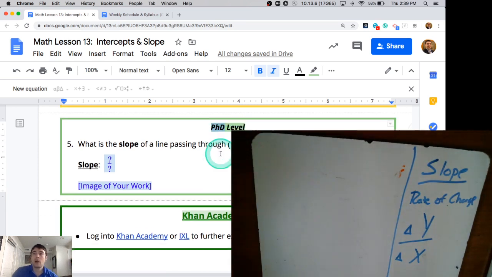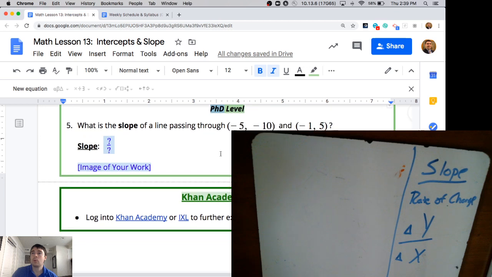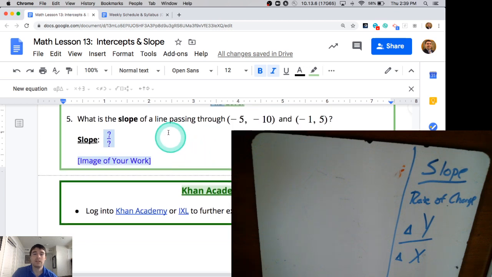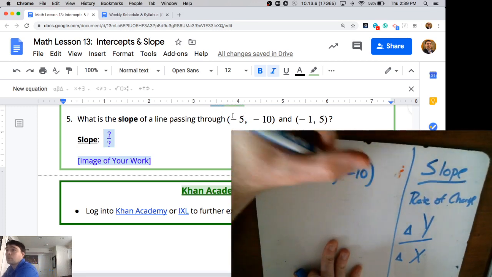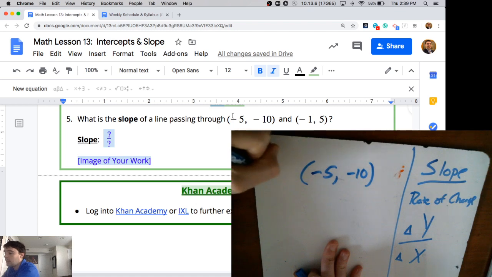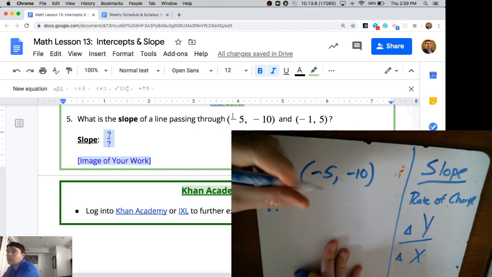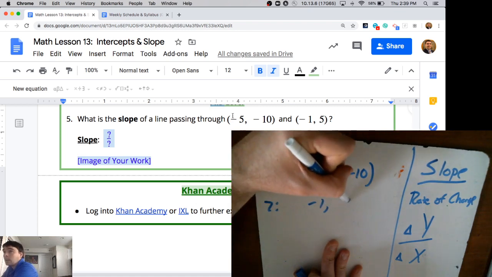All right, so for our last one, the 2 data points, it's a very similar question. They say a line is passing through these 2 points, -5, -10 is the first point it goes through, and the second data point it goes through is -1, +5.